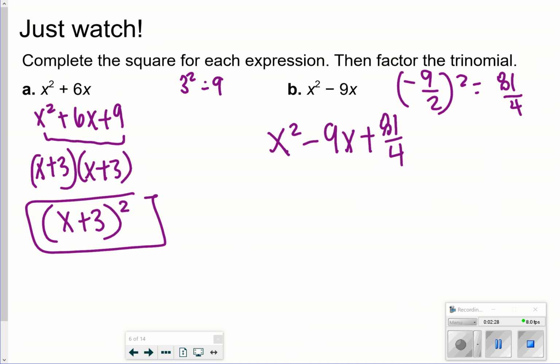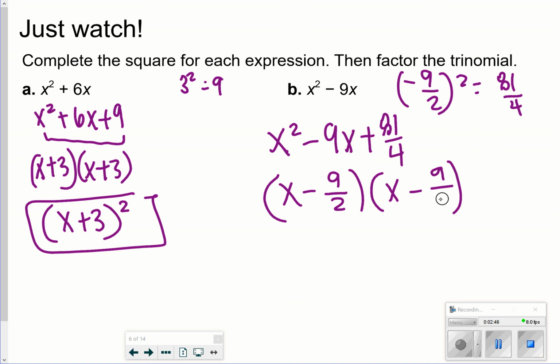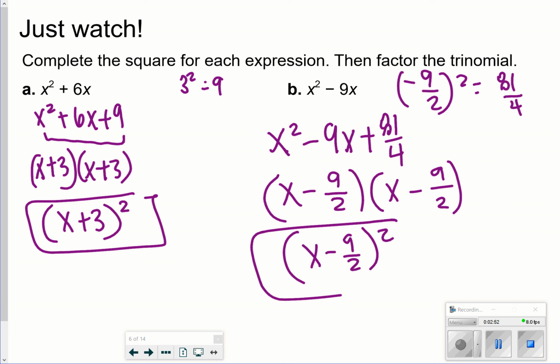This one's a little bit tricky because you have to think about what factors of 81/4 can be added together to make -9. And that's going to be -9/2. So I have x minus 9/2 times x minus 9/2, or 4.5, which then would give you the result of x minus 9/2 to the second power.